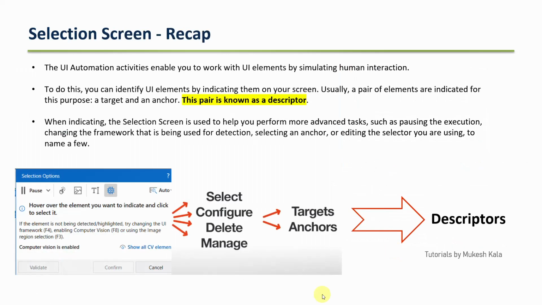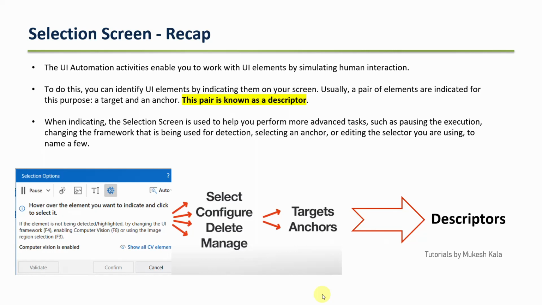In the previous video, we have seen how the selection screen helps us to select and identify the element correctly on the screen. We have also seen that it generates something called a descriptor, which is nothing but a combination of target and anchor.